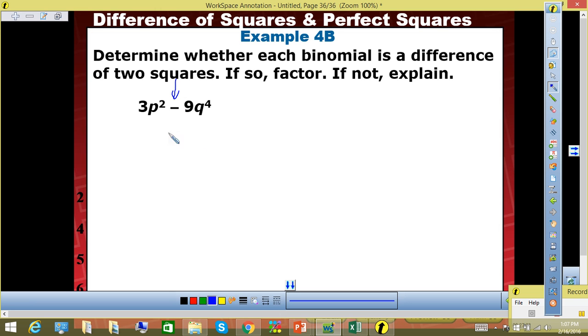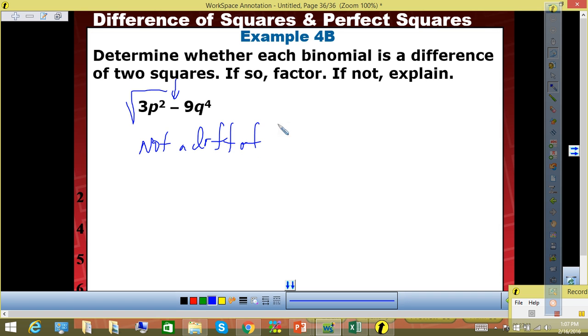Now we just need to check if it's a difference of squares. Square root of 3p squared. There is none, so this is not a difference of squares. Because you can't take the square root of 3, right? Unless you get some decimals. Let's do another one. Copy this one.